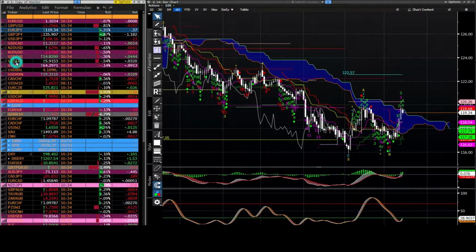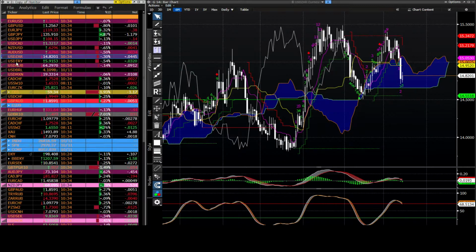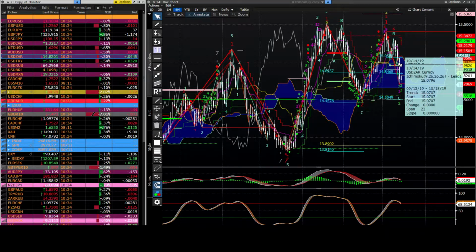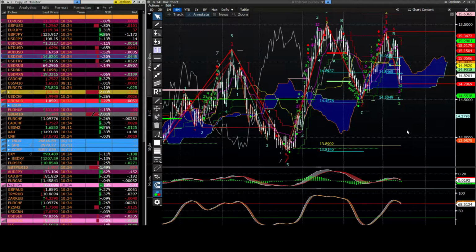A quick look at the emerging market currencies because we've had some big moves last week. Let's look at the chart of dollar South Africa, dollar rand. Once we breached 15 last week, dollar rand has been a one-way market lower. Look at the impulsive move to 15 last week.